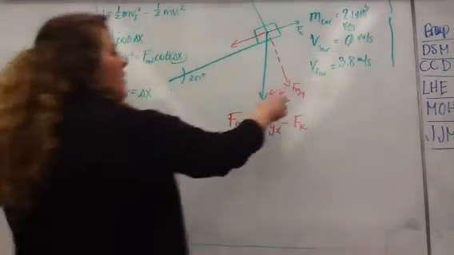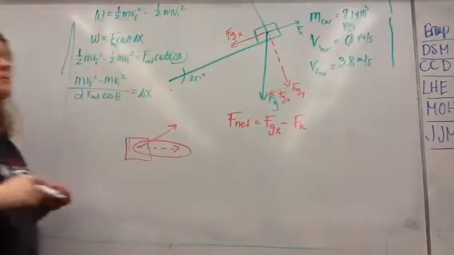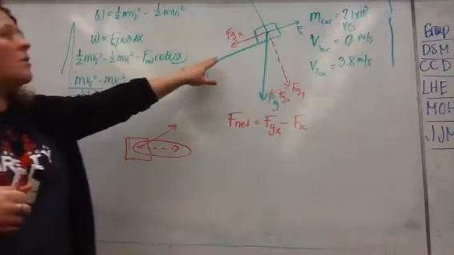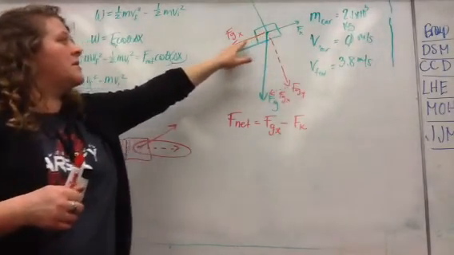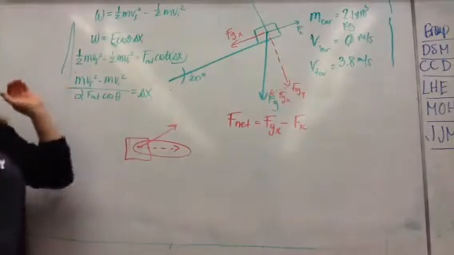Because if we transpose this F of gx up here, we know F of gx has got to be bigger than F of k, or the vehicle wouldn't move. So our net force is along the surface of the driveway. Our motion is along the surface of the driveway.